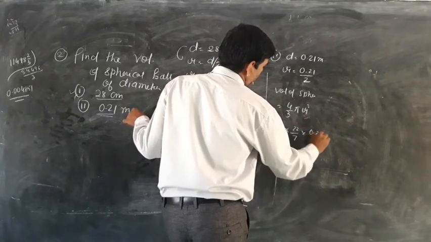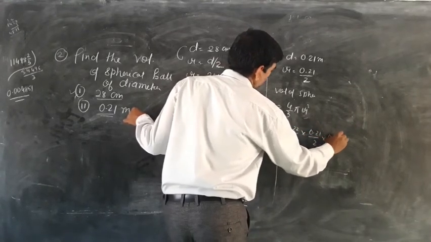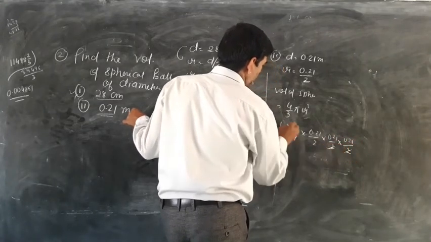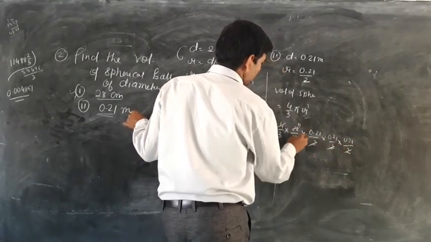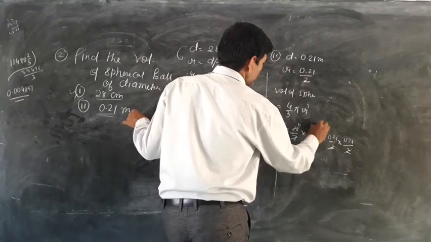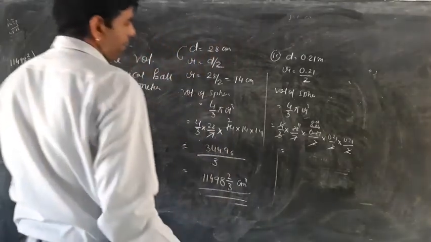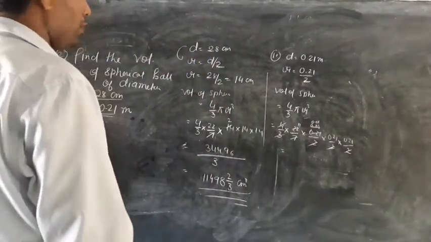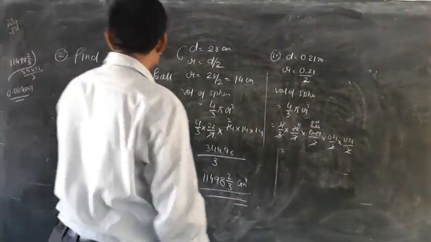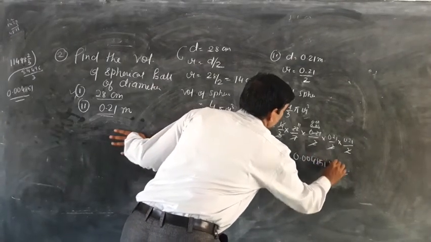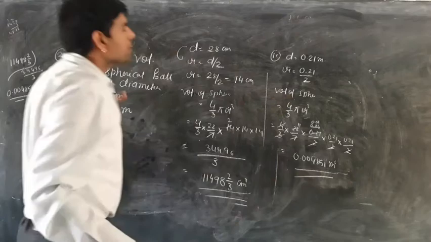Radius is 0.21 upon 2, 0.21 upon 2 and 0.21 upon 2. 2 2s are 4, and 7 3s are 0.03. Multiplication of 11, 0.01, 0.21 into 0.21 is 0.004851 meter cube.